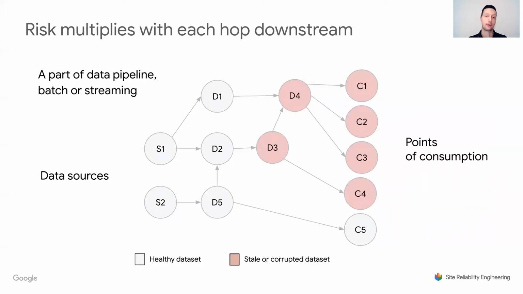On this graph, you can see that when data gets corrupted in one of the data sets, this impacts all data sets downstream. The data arriving at points of consumption appears to be corrupted as well. And this poses a real problem.